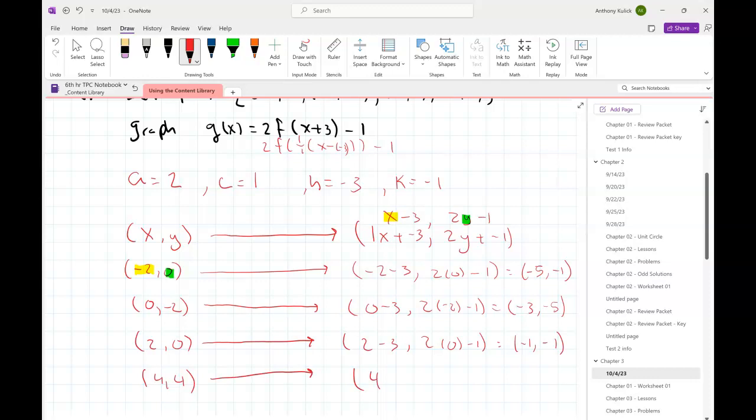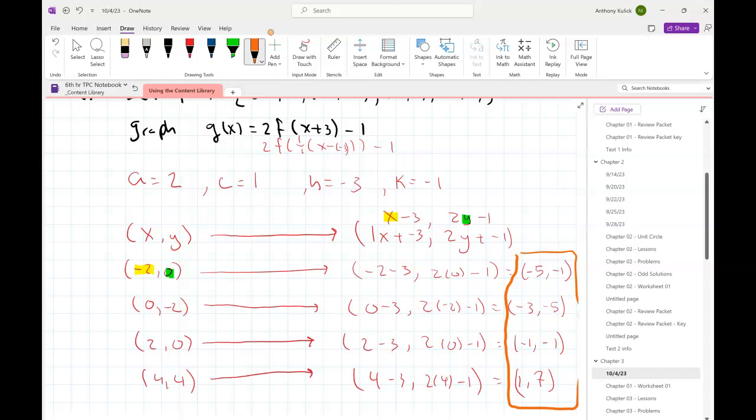And the last one is 4 minus 3, 2 times 4 minus 1. So that's 1, comma, 7. So at that point, I can just graph those points, and I'm done.